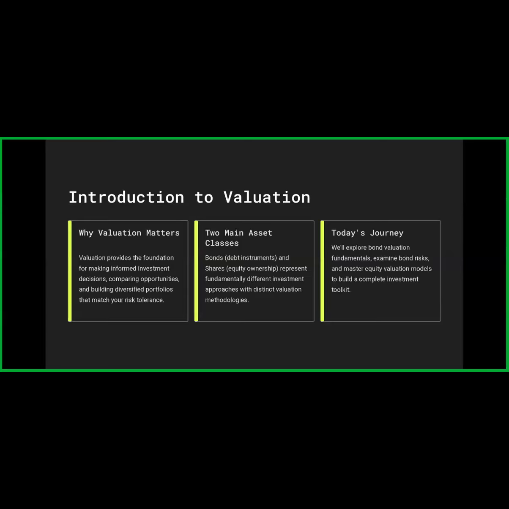In one, you get the ownership. In the second, you will not get the ownership; you will get the interest and repayment of your loan on the investment. So the valuations of these two different types of investments are different.